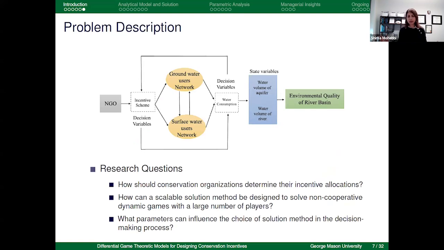We consider a river basin network with heterogeneous groundwater and surface water users interacting with an NGO that is offering monetary incentives to change water consumption behavior.